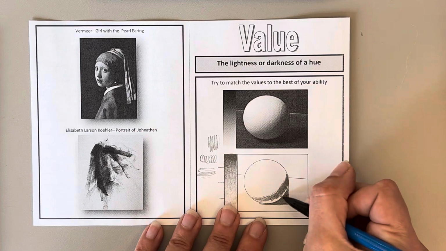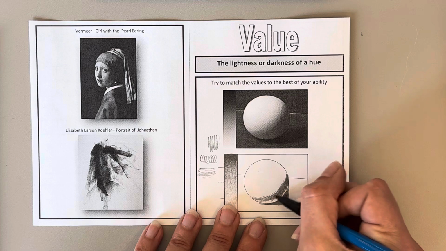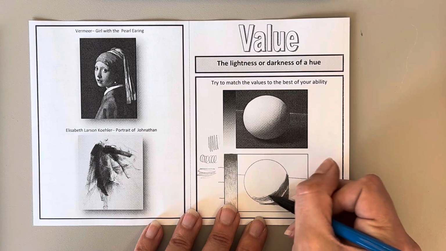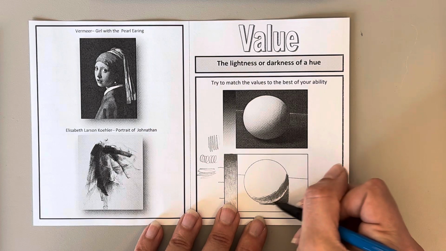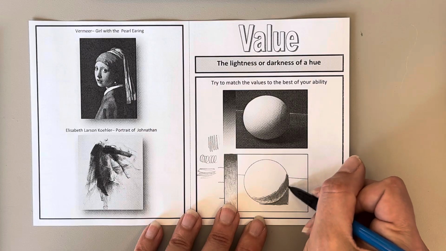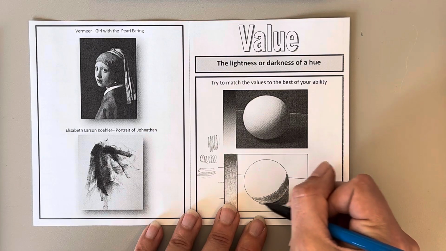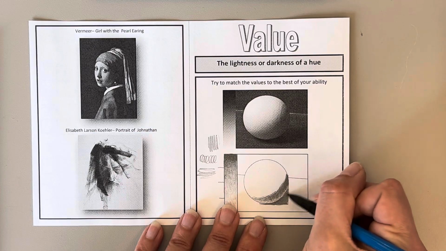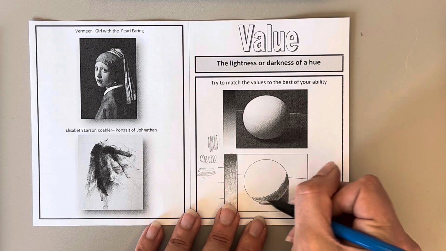Now notice I left a little sliver down here at the bottom. Let's fill that in with just a nice light layer of value so that it stands out and is still visible next to our dark triangle underneath and our dark triangle above.